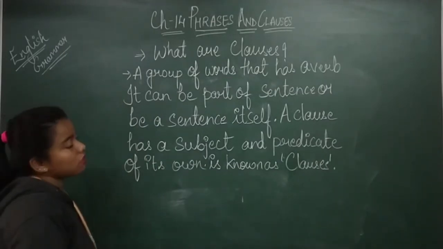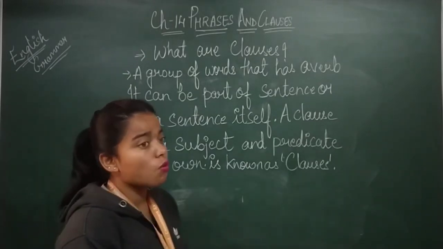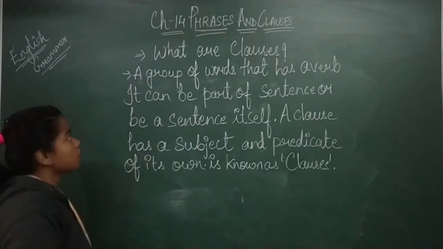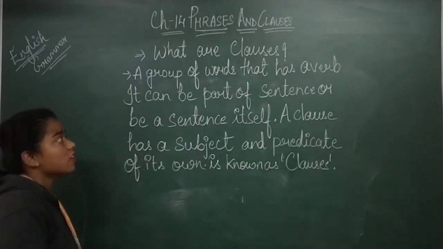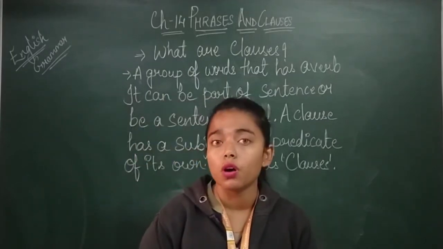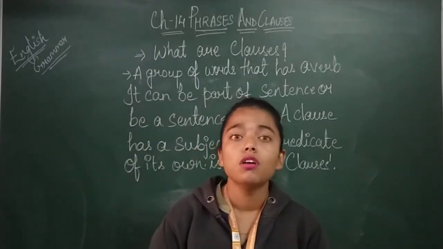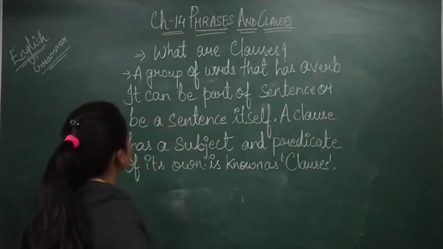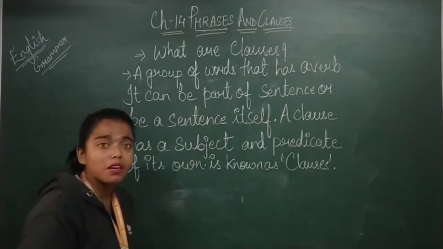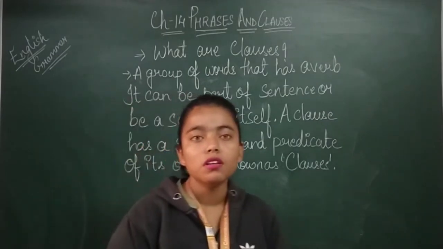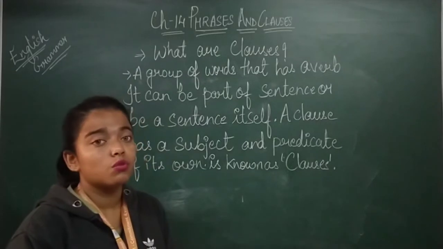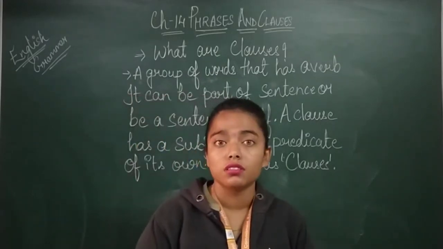What does it tell us, students? A group of words that has a verb. We know verb. What is a verb? Verbs are the action words. So clauses can be a part of a sentence. It has a verb, showing the action words in the sentence.